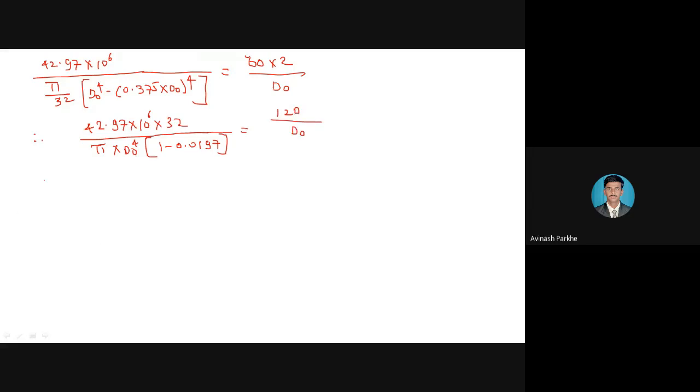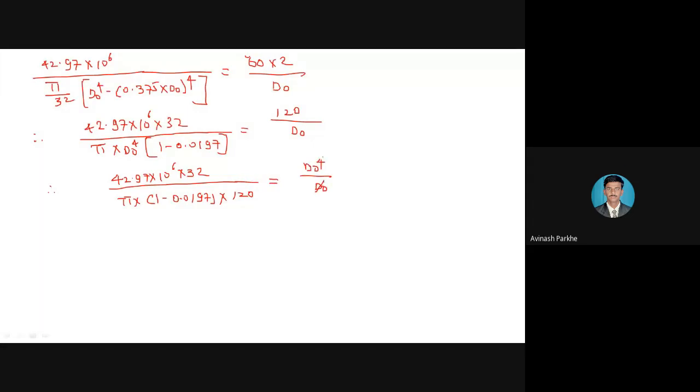So now I will write my total term: 42.97 into 10 raised to 6 into 32, divided by pi as it is, this 1 minus 0.0197 as it is. That 120 I will take to the left side, so it becomes divide. DO raised to 4 I will take to the right side, it becomes multiply divided by DO.